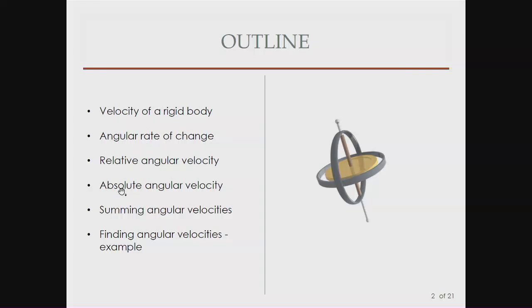And then I'll talk about relative and absolute angular velocities. Hopefully you will be able to distinguish between them. And then the idea of summing angular velocities, and I'll give you some examples throughout.